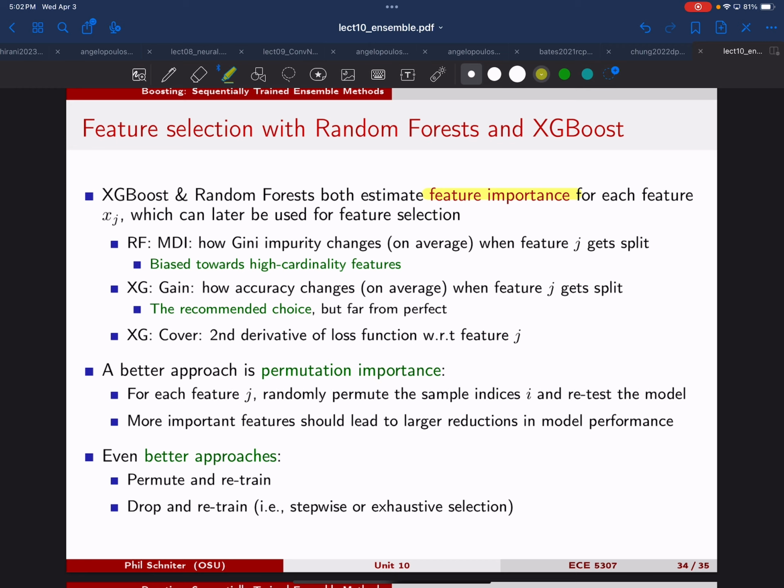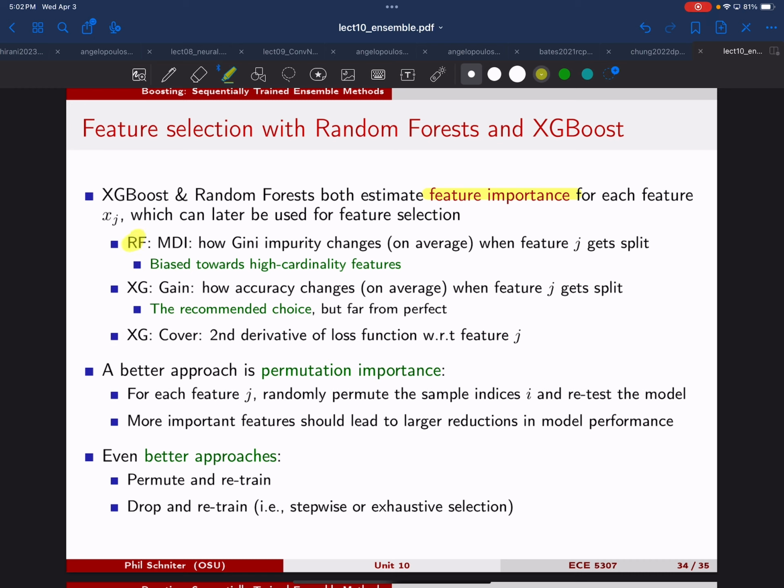And there's different ways to configure it, but that information can be useful for feature selection. The way that it's computed in trees is not exactly what you want for feature selection, but it might work well, it might not. You'll just have to tell with cross-validation. But I just wanted to very quickly describe what's done.